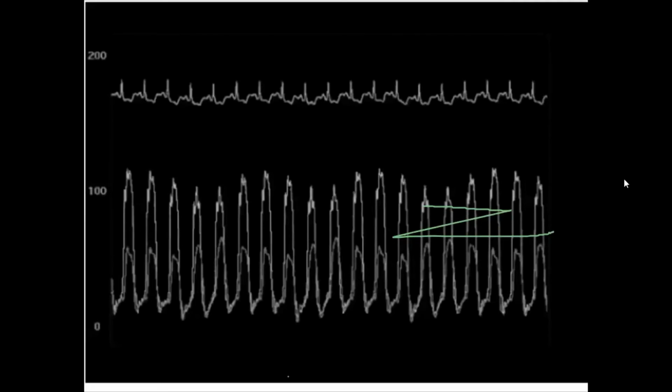So the change in pressure between LV and RV with respiration are discordant. If there is increase in the RV, there will be a decrease in LV. So the diagnosis is? Constrictive pericarditis. Excellent. Constrictive pericarditis.